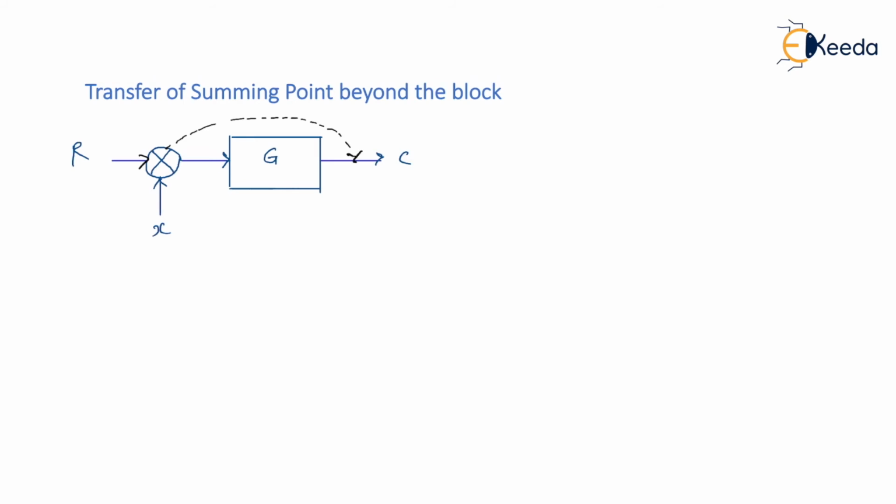So R is input, X is input, therefore input of this block is R plus X, and G is a transfer function. C is simply input into transfer function. What is input? Input is R plus X. What is transfer function? It is G. So C is equal to RG plus XG.